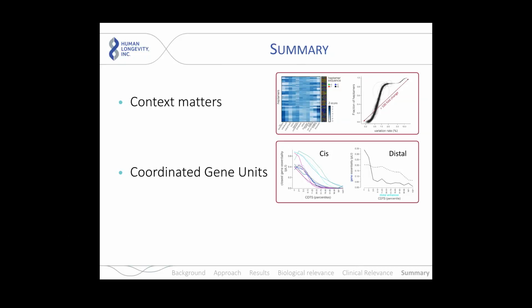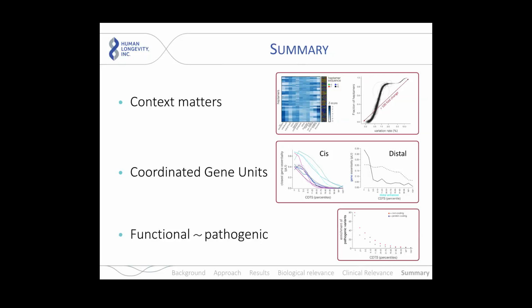So for both cis and distal regulatory elements, we did see that when the gene was essential, the regulatory elements, whether they were cis or distal, are more likely to be functional. And finally, we were able to show that functional, as assessed by CDTS, was a good proxy for pathogenicity as well.